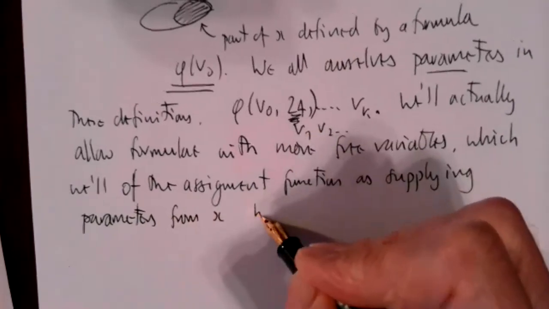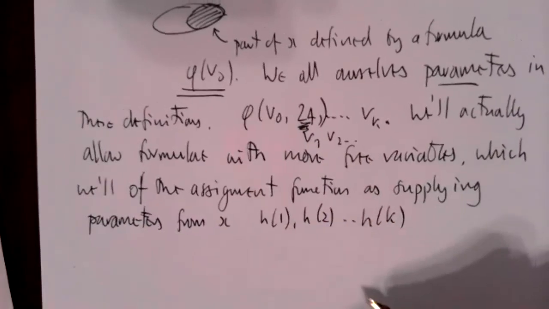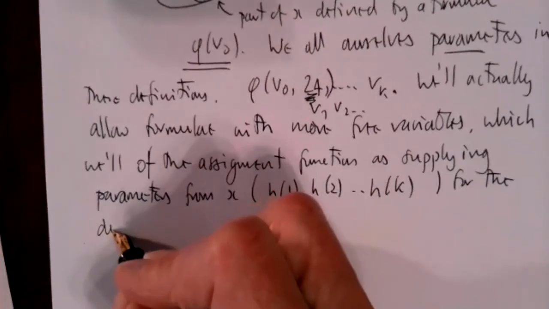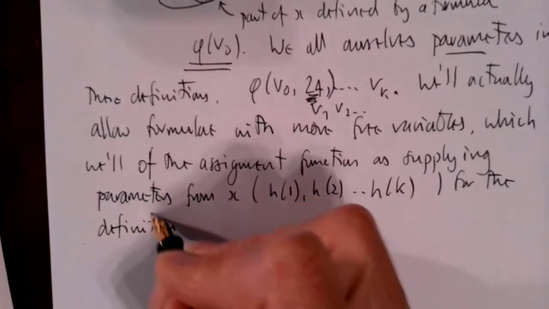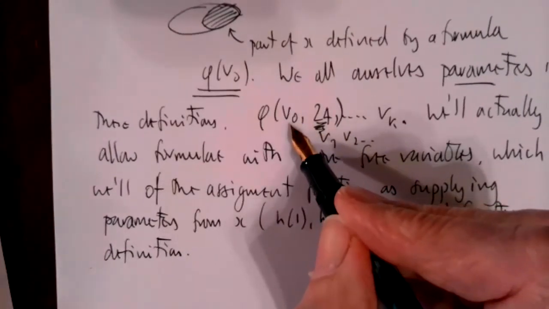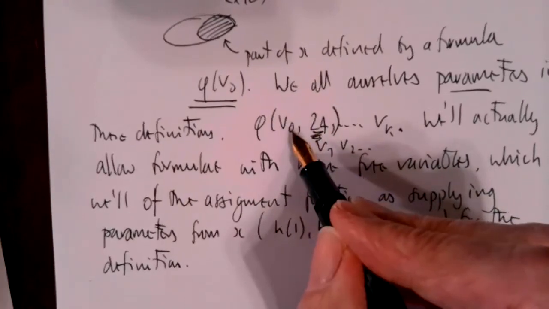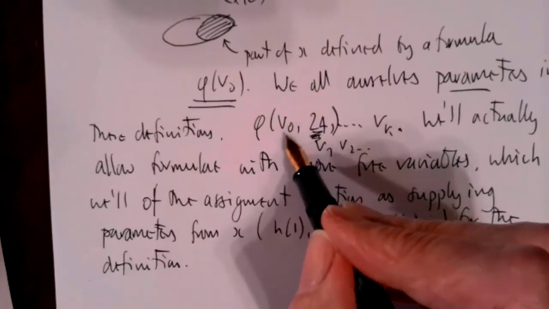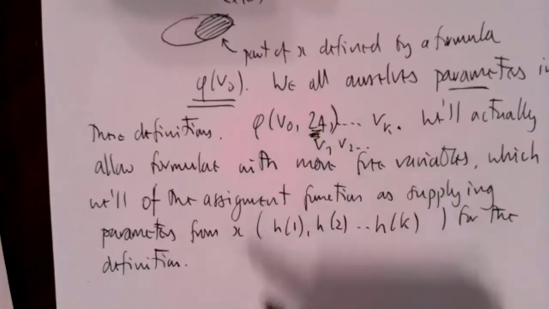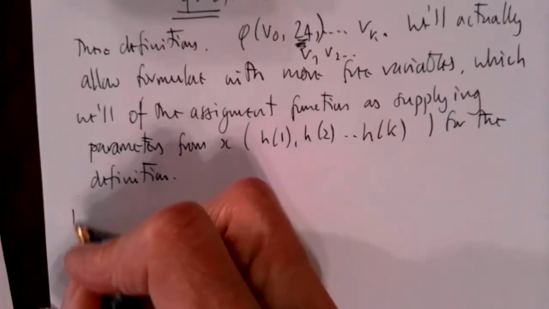And what are the parameters here will be, well, h1, h2, up to hk, to use in the definition. But we'll always keep v0 free to be the things that we can consider. So v0 is free for us to put natural numbers in, say, right? Or any set, actually, of course. And for some, the formula will be true if I substitute in an even bigger than 24. And for some, it'll be false. So the formal definition of that is 317.